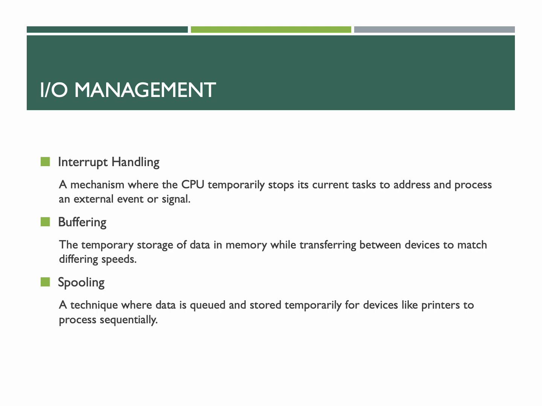For example, when you send multiple documents to a printer, spooling queues them in order and sends them to the printer one by one. So these IO management mechanisms, like interrupt handling, buffering, and spooling, ensure efficient data transfer and device coordination, enabling smooth operation of input-output processes in a system.